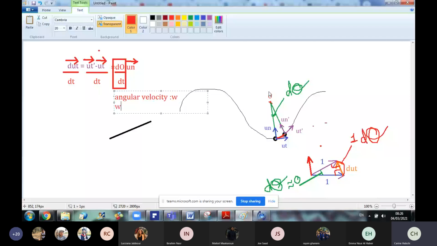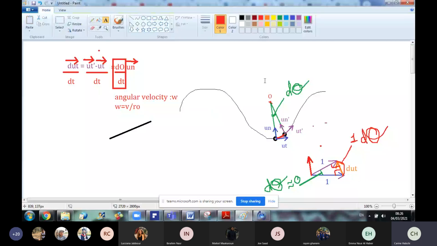We say that omega is equal to v, the linear velocity, over the radius of curvature, rho. The radius of this circle here is called the radius of curvature, rho. From here, I can replace d theta by dt by v over rho, times UN.